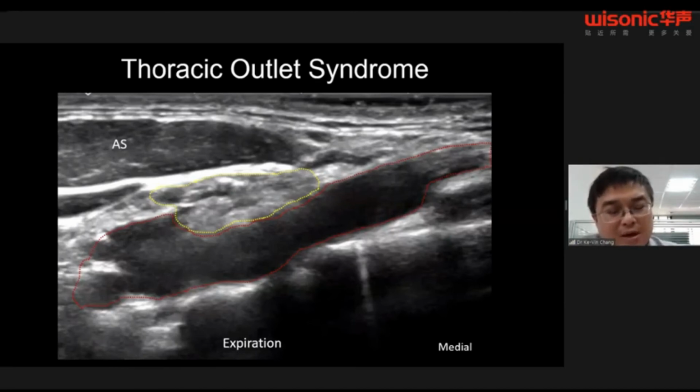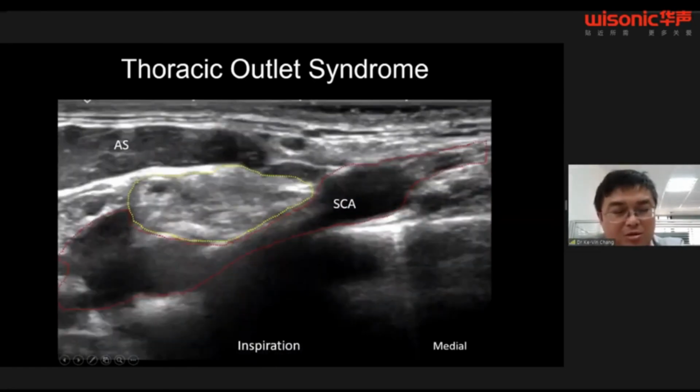For example, in this case, we can find the infraspinatus becomes atrophic and the deltoid muscle is relatively normal. So we know the patient may have damage at a level, for example, close to the branch of the suprascapular nerve.